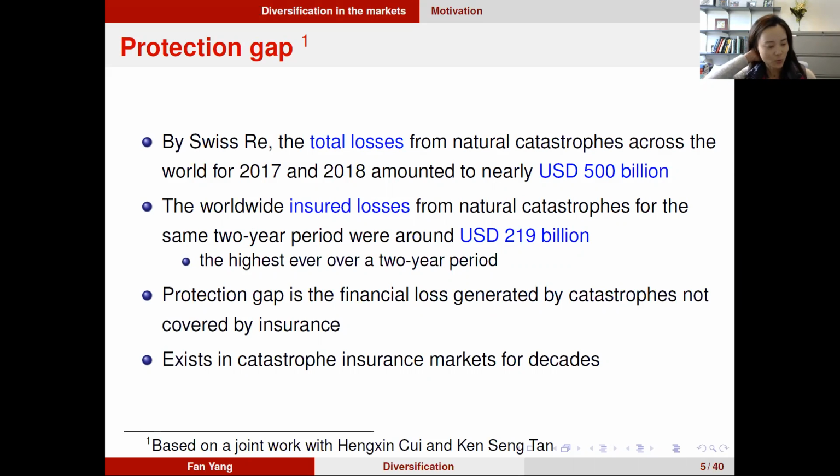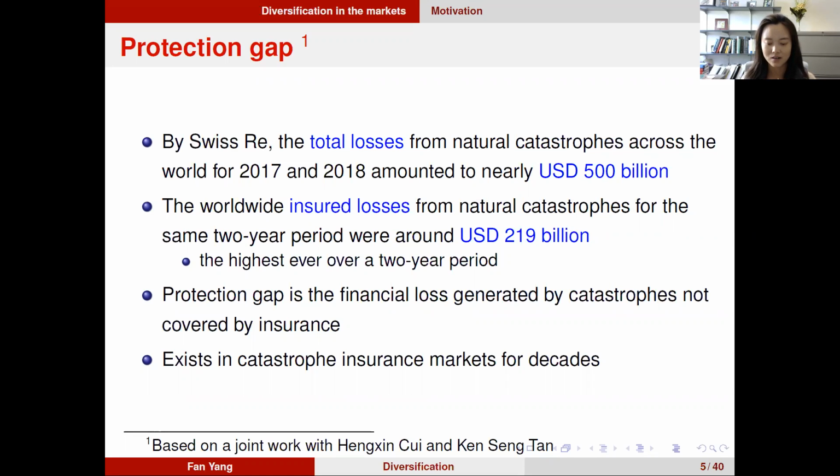Let's see why this diversification is relevant. First, there is a protection gap in the market. Swiss Re is the second largest reinsurance company in the world, and they also do a lot of research on the catastrophe insurance market.